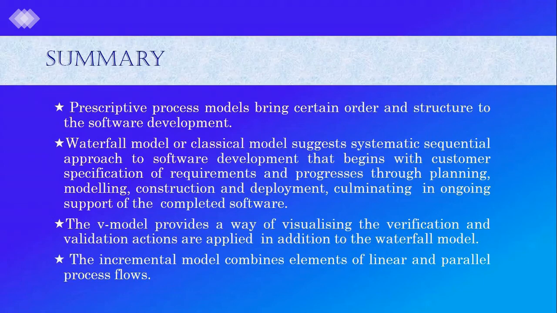Later, we saw the different process models: waterfall model, V model and incremental model. And waterfall model is also known as the classical life cycle model or linear sequential model, and it is simple and easy to understand.